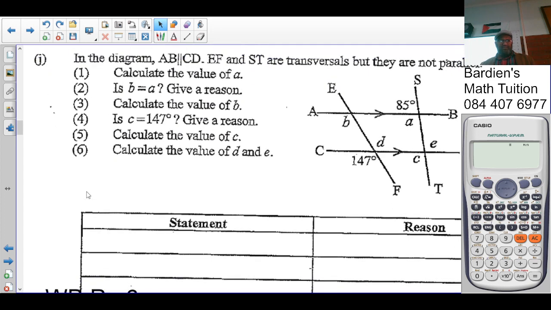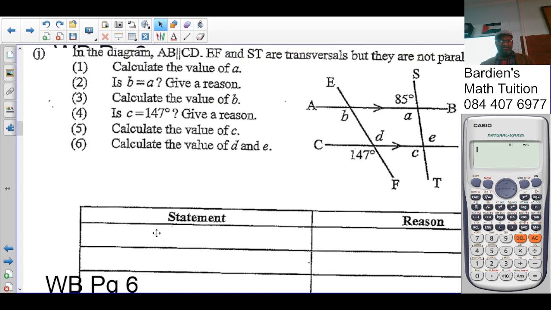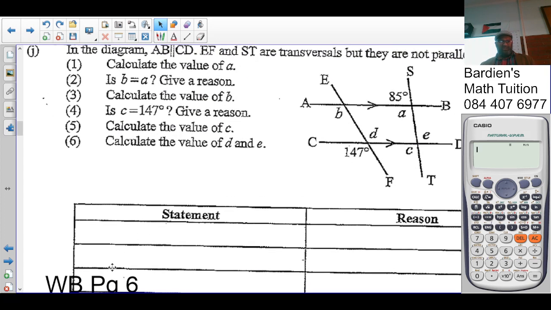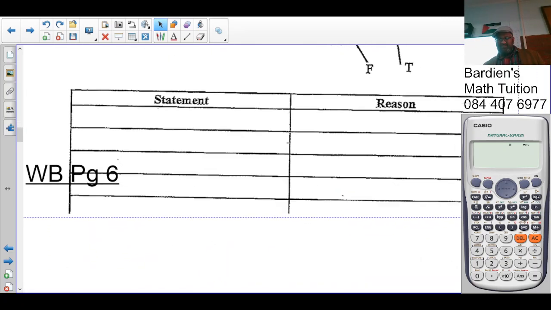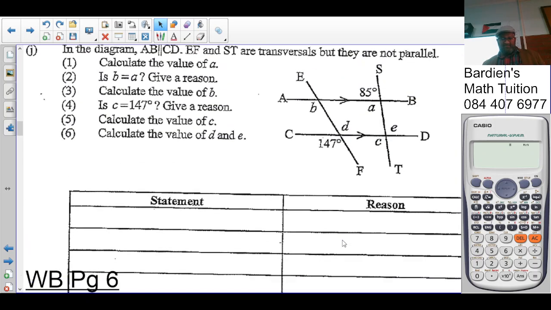Okay, this is now J, and J is on page 6. You'll see here, there's little space to write on. I'm just going to make this a bit smaller.